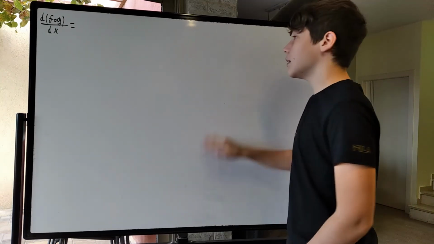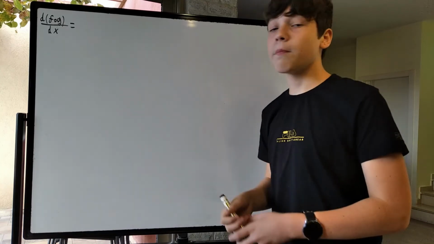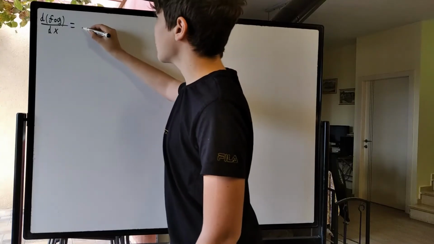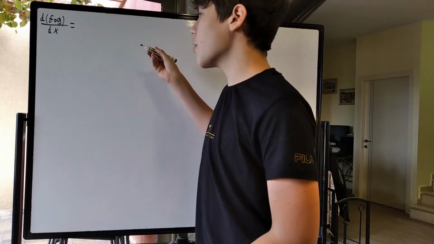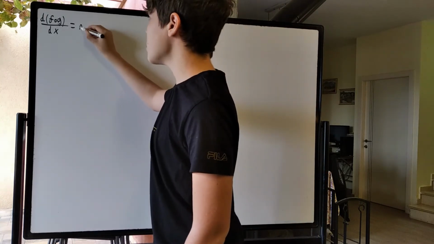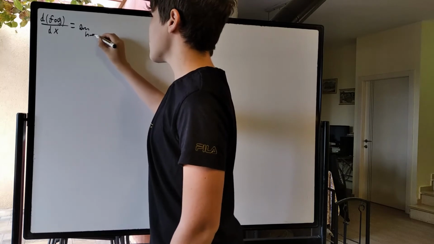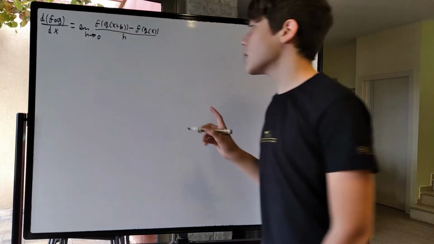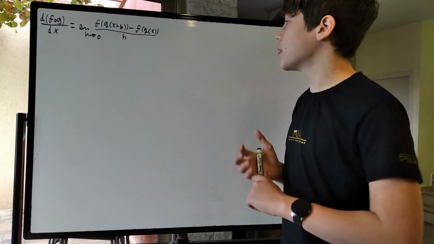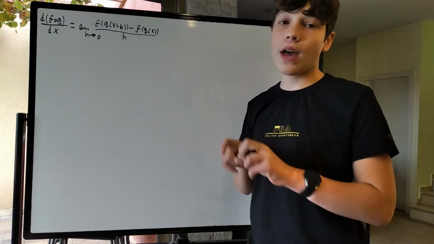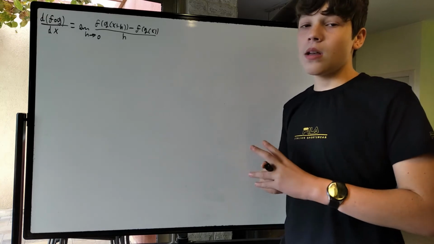And then we're going to calculate the derivative of this. So now let's calculate it. Again, we don't have any tools other than just using the definition. So we have the limit as h goes to 0. We want to calculate this and find a nice formula for it using just the derivative of f and g.